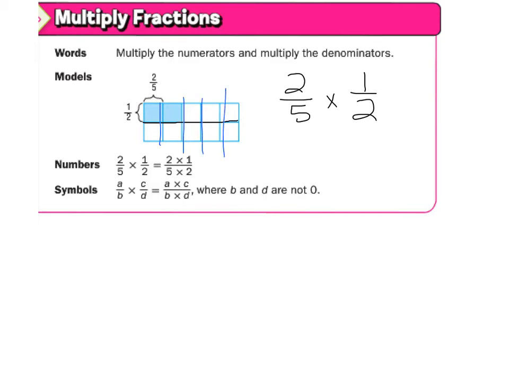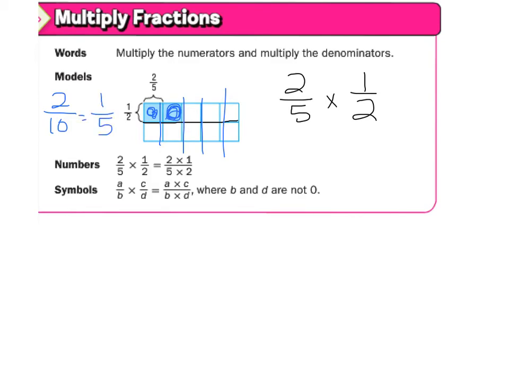And they wanted, of the top row, only 2 out of those 5. So we could say that 2 out of the 10 sections are colored in, or 1/5 when we simplify.